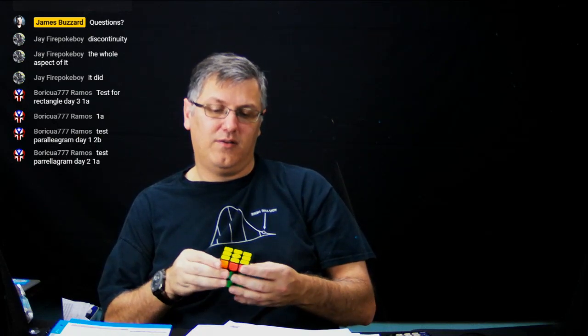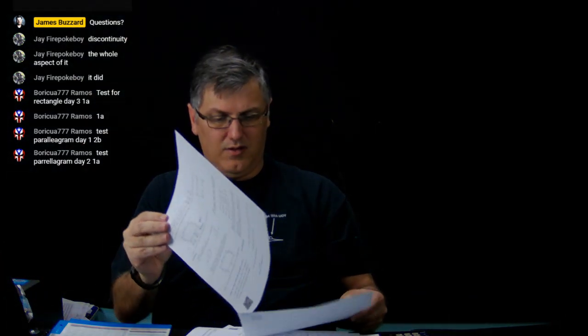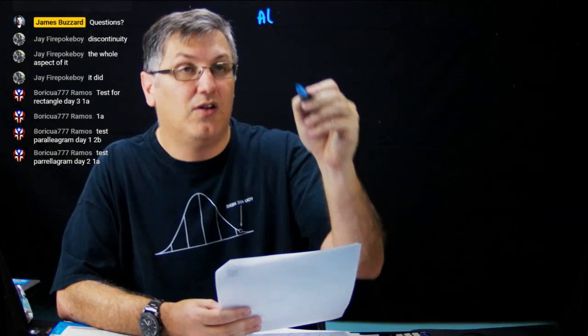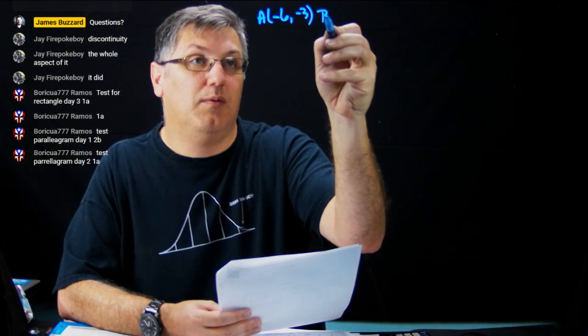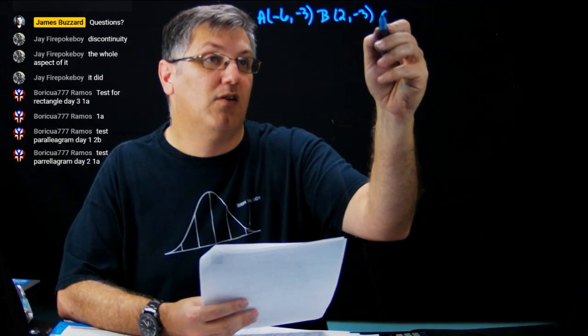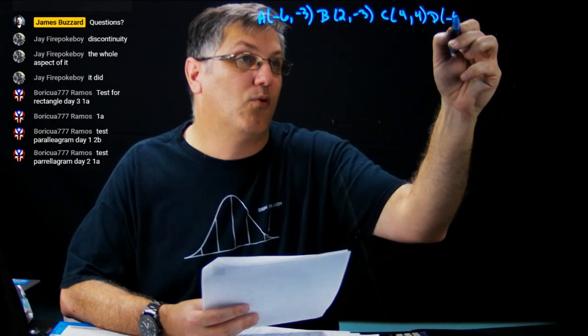Day 2, 1A. All right, day 2, 1A. Okay, so I have point A at -6, -3, point B at 2, -3, C at 4, 4, and D at -4, 4.